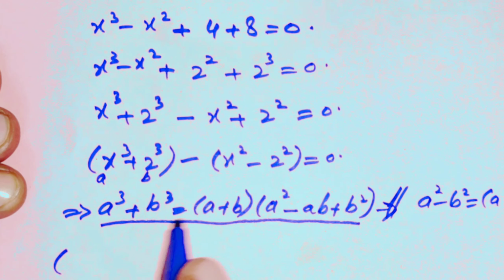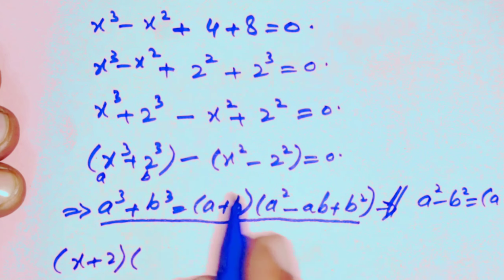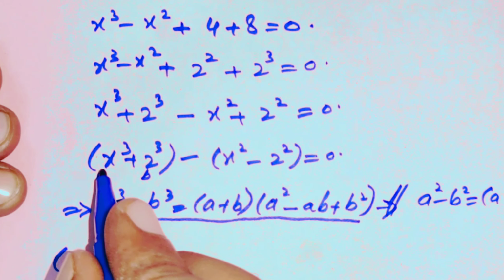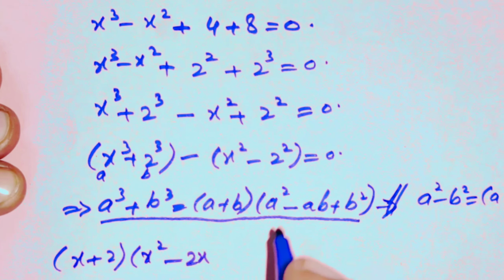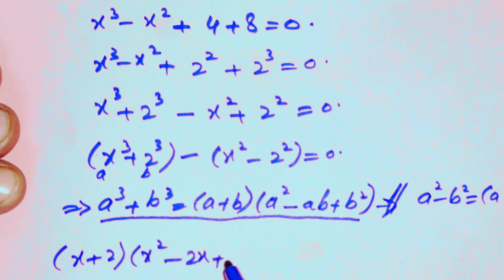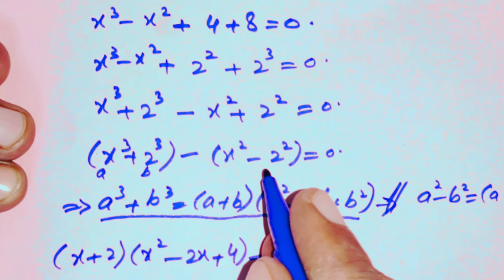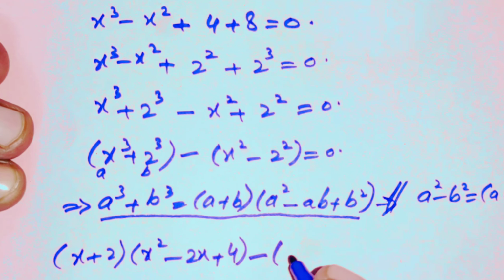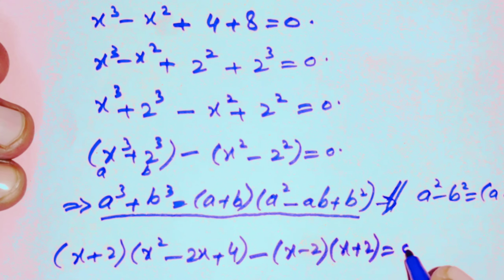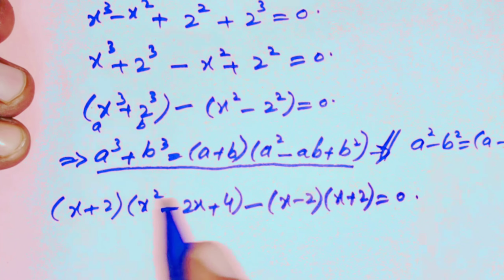So here we get x plus 2, a square means x squared, which will remain same, x squared minus ab means 2 multiply x, it will be 2x, plus b squared means 2 square, which will be equal to 4. Then keep minus same, and x square minus 2 square will be equal to x minus 2, x plus 2 equals 0. Now take x plus 2 common.